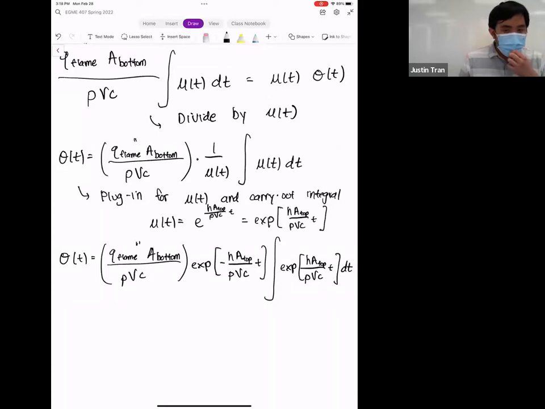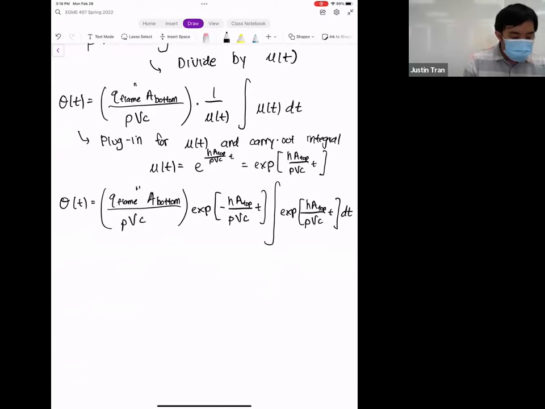Okay. The next step is to carry out this integral, so we're going to do the opposite of the derivative.